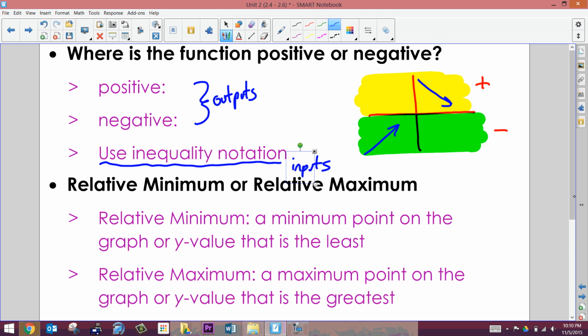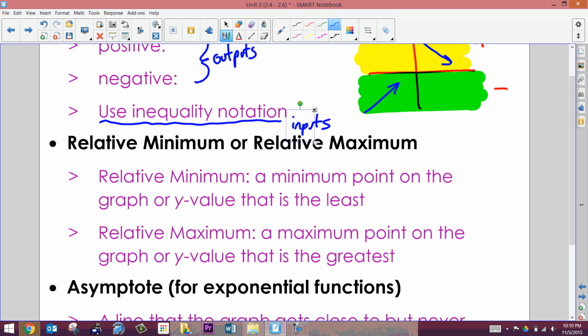Okay, another thing is relative minimum and maximum. A lot of times we have a graph, and if a line starts and stops, you may say, okay, in this graph, this may be the lowest, this may be the highest, a min and max. But you might also say, well, what if the graph gets stopped short or we're only looking at a part of it?